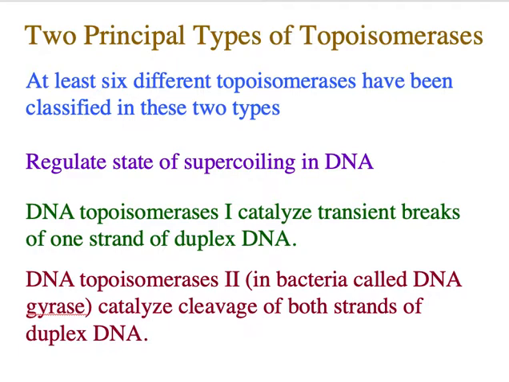There's topoisomerase 1 and 2. You might have heard this called a gyrase, depending on who you took molecular biology from, in the event that you took it. In humans, in our cells, these are called topo 1 and 2. And they do different things with DNA. We're going to talk about that in a breakout slide.